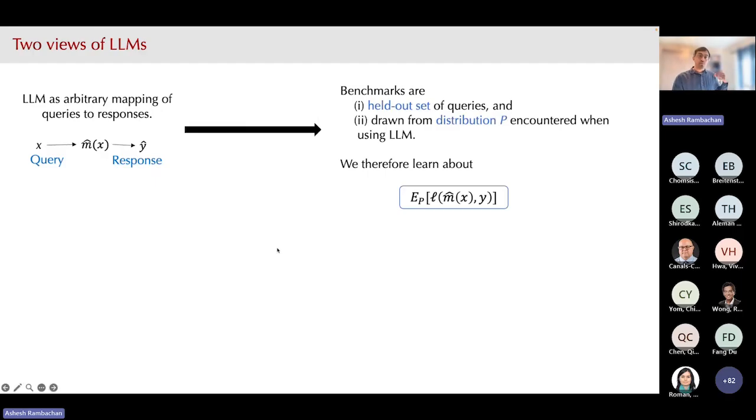And so when we report benchmark evaluations, we are learning the average performance of a large language model from this distribution of queries over which we might think to deploy it. So in other words, we would just be applying the lens of deep learning plus ImageNet to benchmark evaluations now of large language models and these reasoning questions.